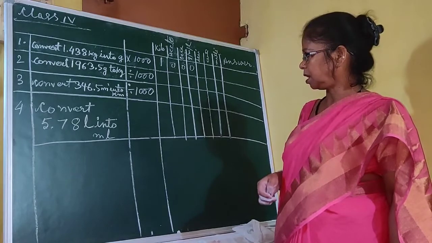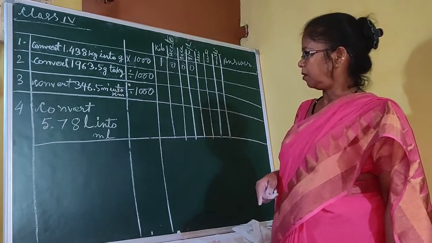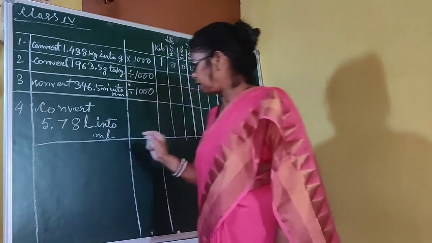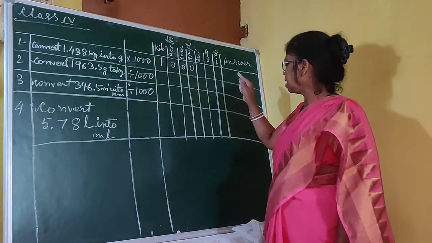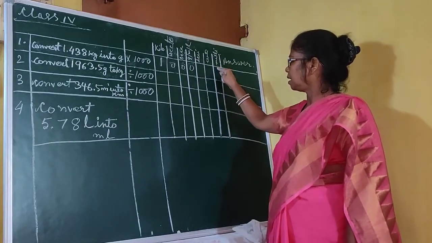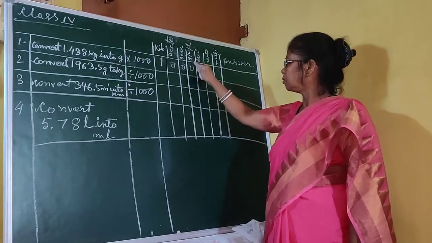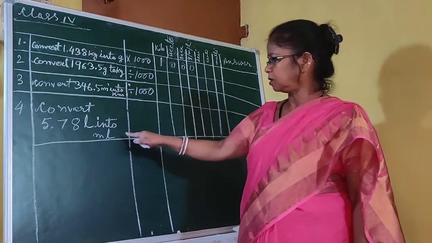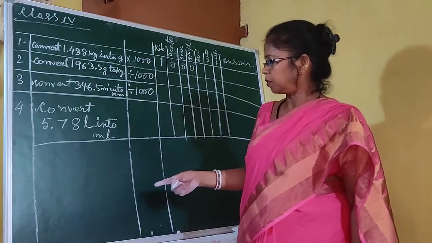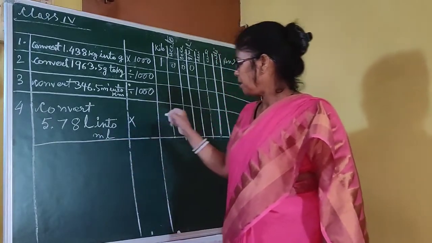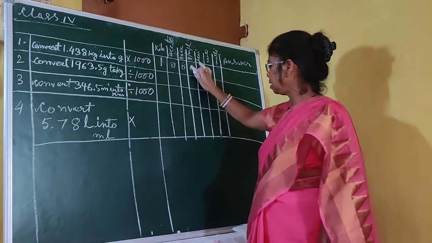Meter to kilometer, gram to kilogram, kilogram to gram. Then liter into milliliter. Liter is greater, convert to smaller unit, so greater to smaller, you have to multiply. By how much?